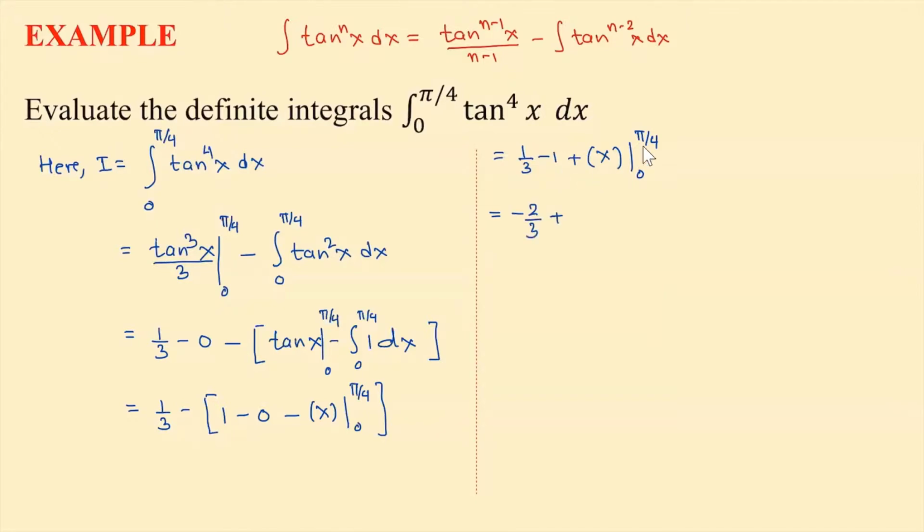Then plus, here we plug in the upper limit in order to evaluate this. If you plug in upper limit for x, that will be pi over 4. Minus, if you plug in lower limit for x, that is 0. So we get our final result, which is negative 2/3 plus pi over 4. You can write negative 2/3 plus pi over 4, or you can write pi over 4 minus 2/3. So that is the value of the integral given in this problem.